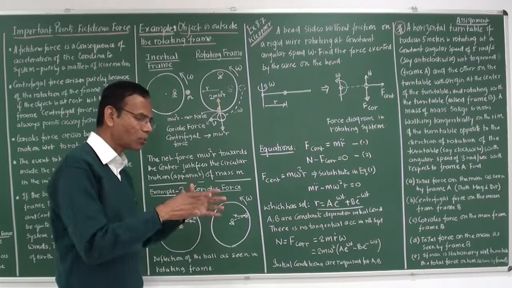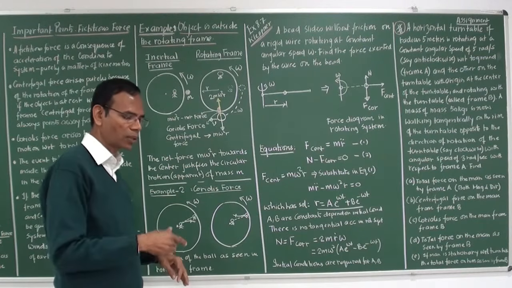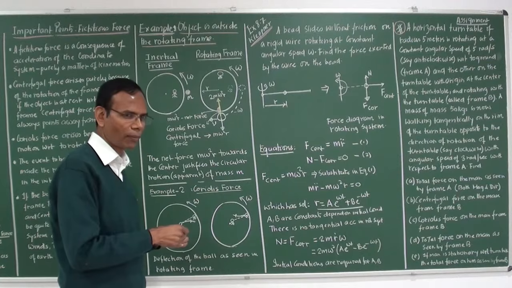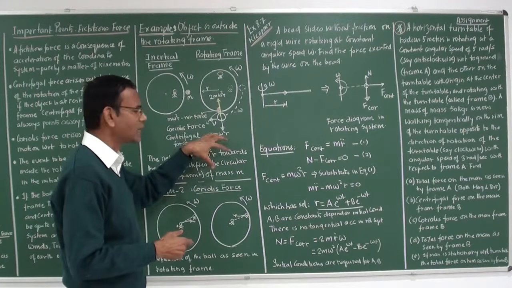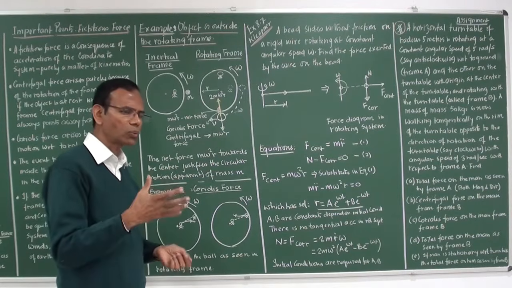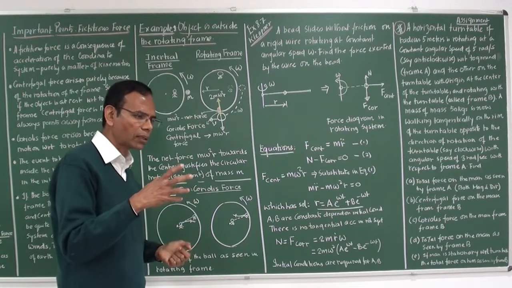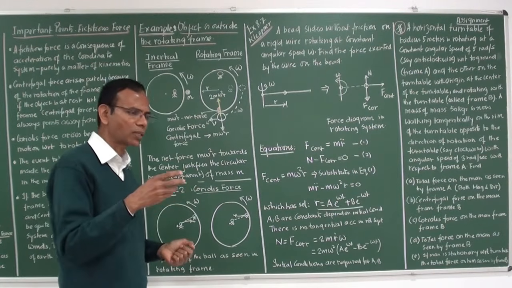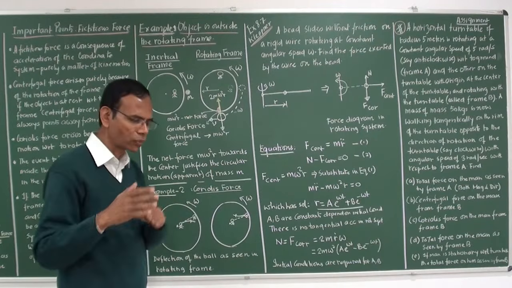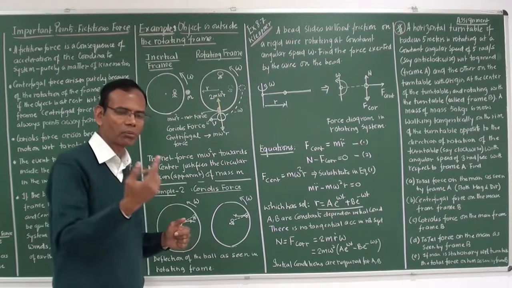But now this person, because of his rotation, is observing some effect, so he is adding up the forces again to explain that effect. All we need to see here is that the Coriolis force and the centrifugal force arise because of the rotation.